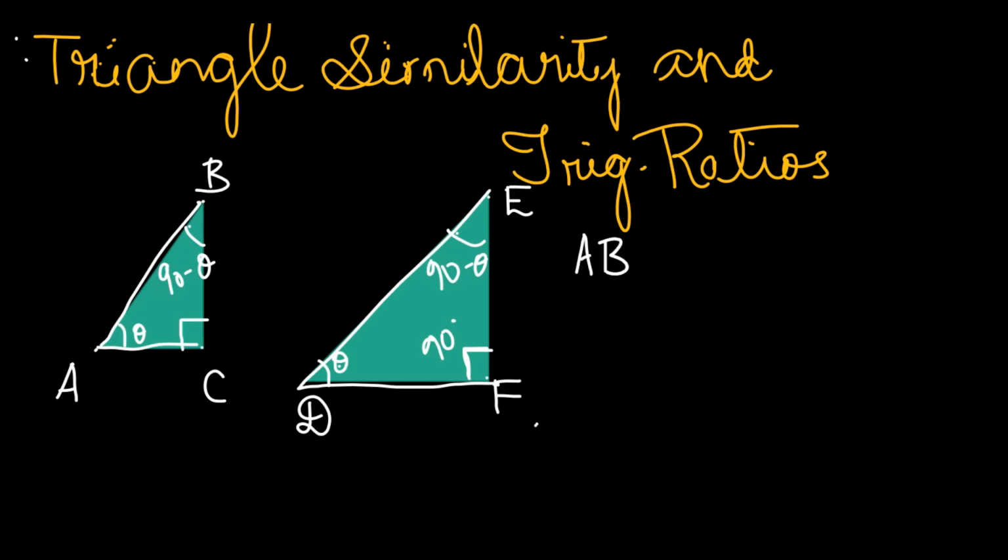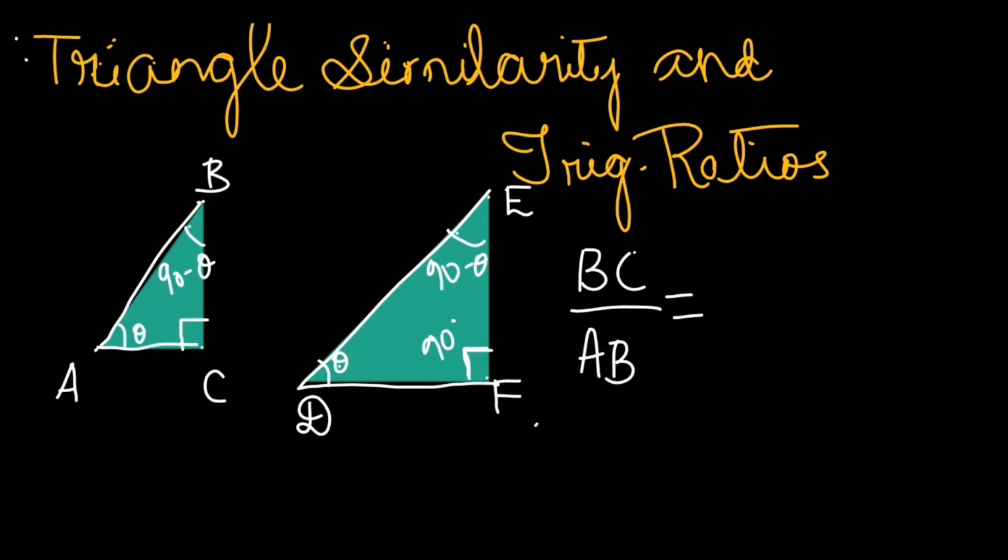One more side, we can take any side, for example, I will take BC. Let me write BC on top and the hypotenuse at the bottom. So BC, a side of one triangle, that is our ABC, and the hypotenuse AB.